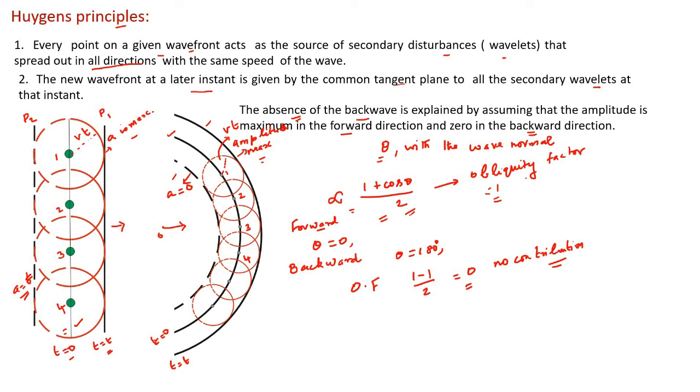Hence, if you put theta 0, you get the obliquity factor turning out to be 1, so maximum contribution. If you take theta equal to 180 for the backward wave, the obliquity factor turns out to be 0, so no contribution. Hence, there is absence of back wave. Only the forward envelope you have to consider and not the backward envelope.